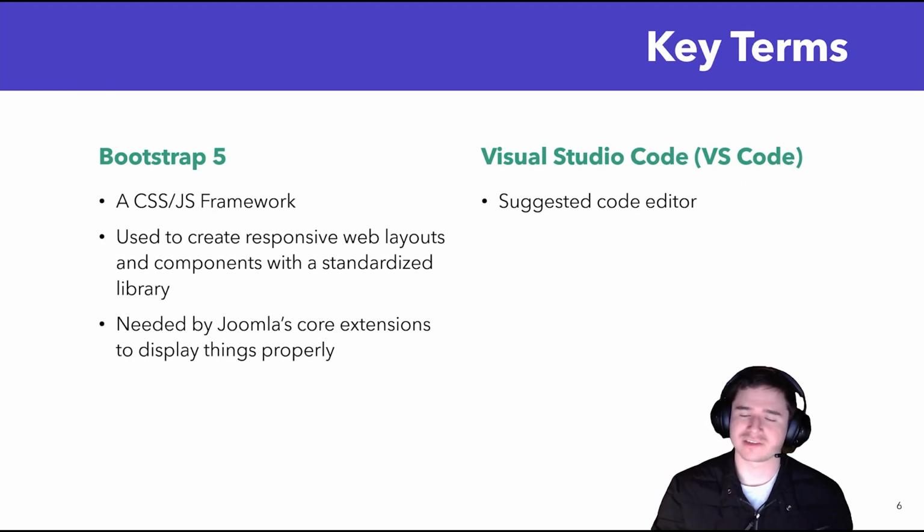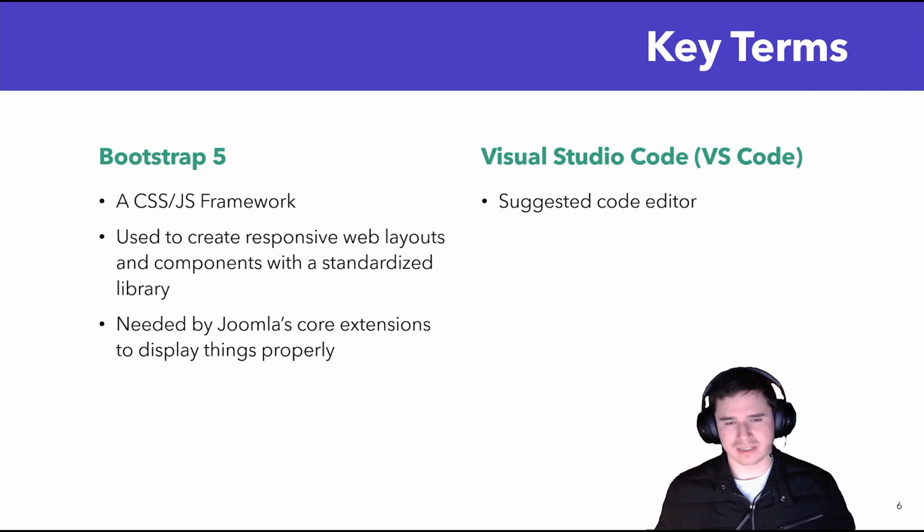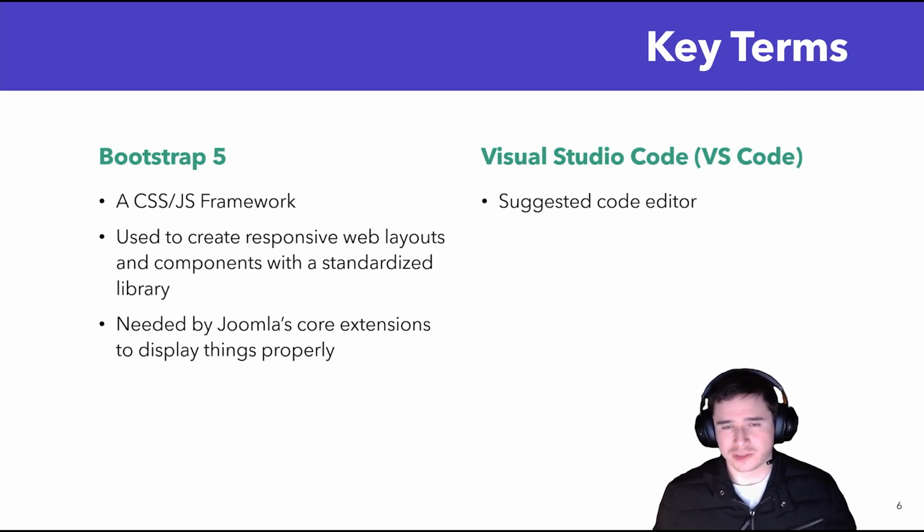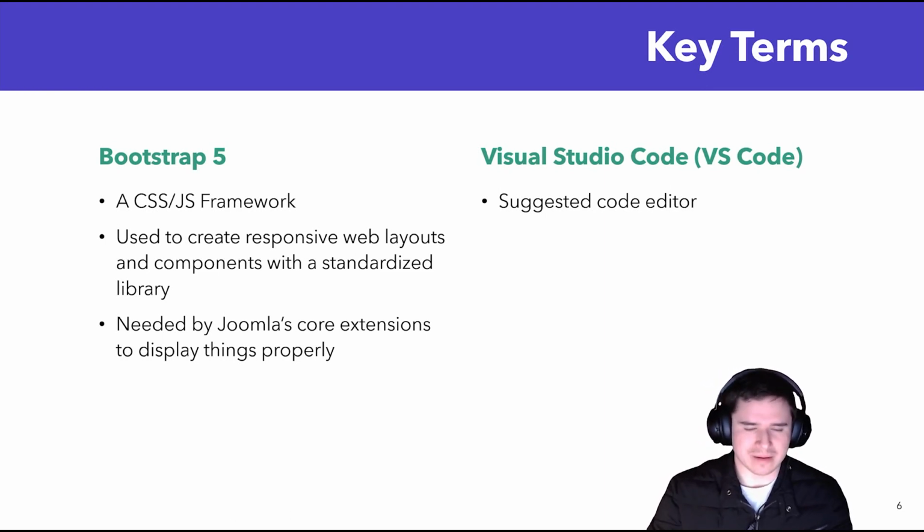We can customize the way this framework looks, but at the end of the day, it's still the same HTML and CSS framework. So if I create an accordion or a menu using Bootstrap 5, I know that it's going to hopefully work on anyone else's website that also has Bootstrap 5 installed.